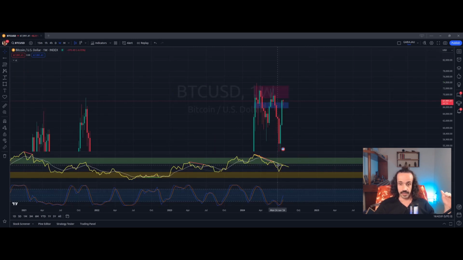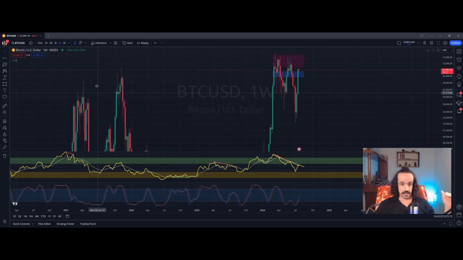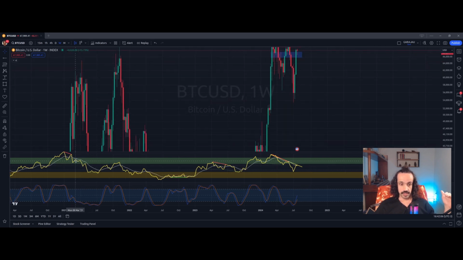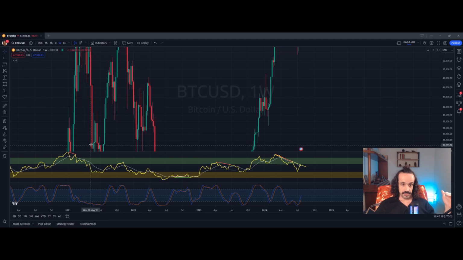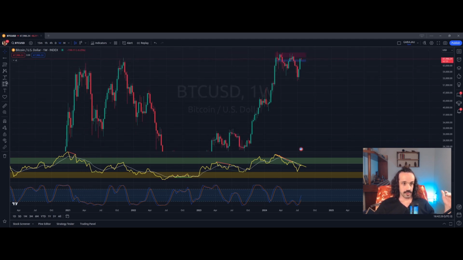When we have rejections, like in this example, we didn't go as far down as this time, but the rejection of the bullish region was a very strong one. On the closings it was about a 40% rejection, and from top to bottom a 50% rejection, which could lead us to, let's see, $34,000.